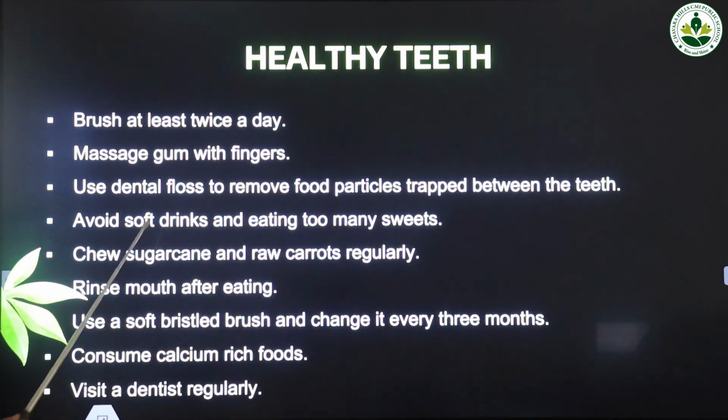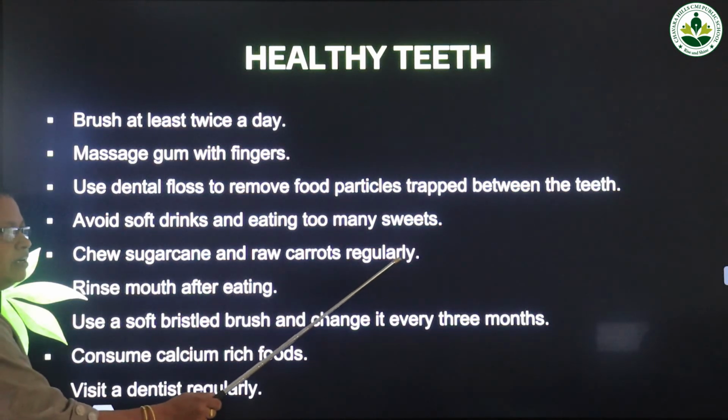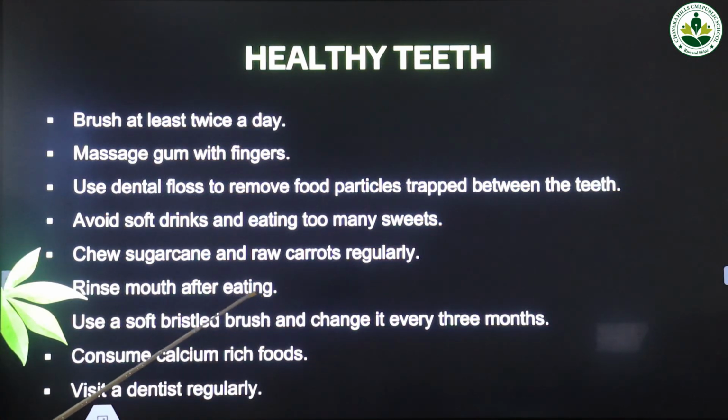So you can use a dental floss to remove the food particles. Avoid soft drinks and eating too many sweets. Don't eat too many sweets, and also you should not drink soft drinks. It causes damage to the teeth. Chew sugarcane and raw carrots regularly. Okay. Then rinse mouth after eating. Wash your mouth after every meal.